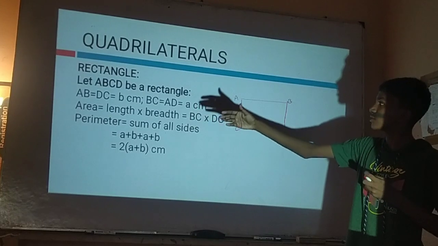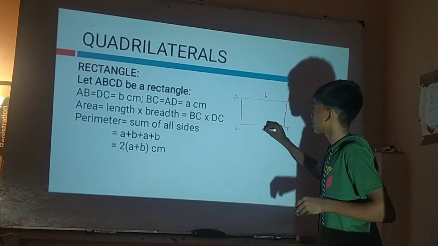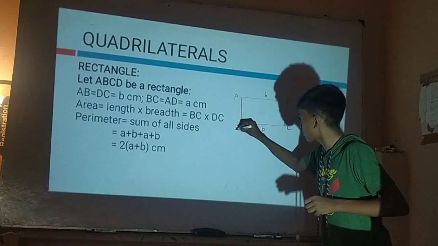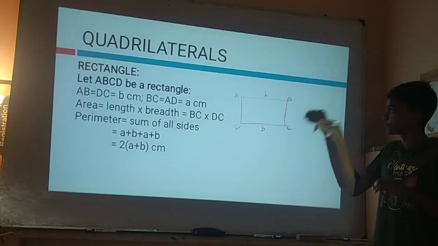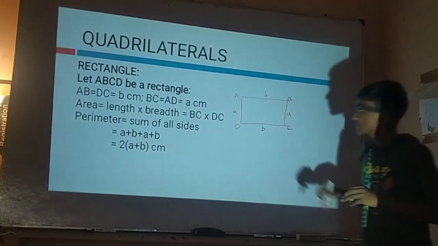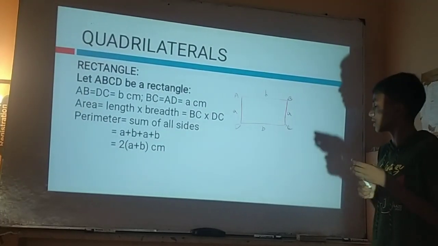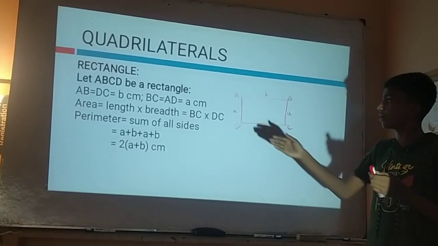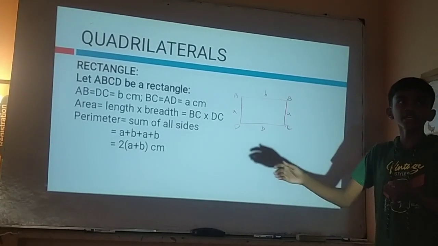Here AB is equal to DC, which we can take as B, and BC is equal to AD, which we can take as A. And the area of the rectangle is length into breadth, which is BC into DC. And the perimeter is the sum of all the sides, which is A plus B plus A plus B, which we can write as 2 into A plus B centimeters.